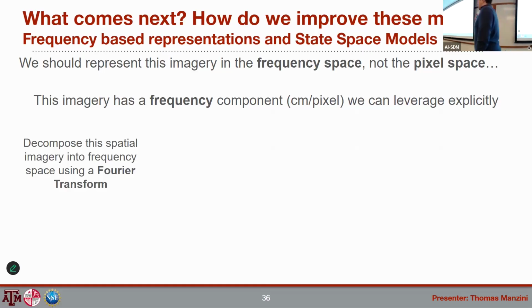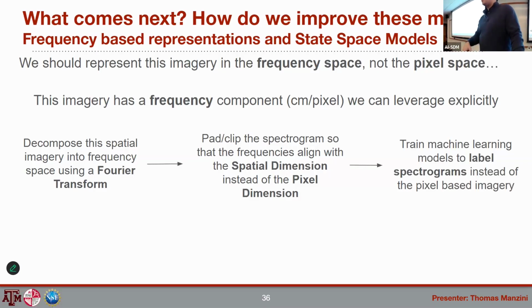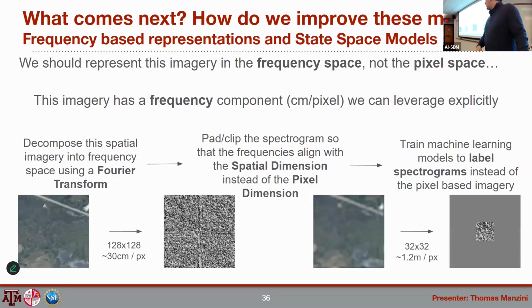The thought is to decompose this imagery into its spectral components using a Fourier transform, pad or clip those frequency components so that they're the same dimension, and then train those models on the spectrograms directly as opposed to the pixels. So we've got the same scene here represented at different ground sampling distances, with different spectrograms, but the underlying frequencies are still the same, at least in the lower frequencies of this image.